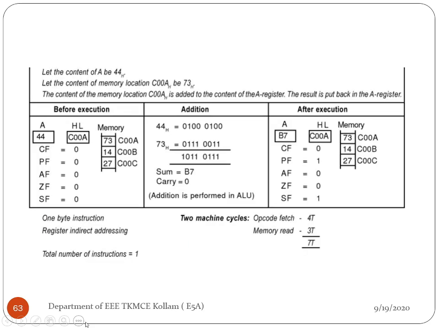Let's see one example. Let initially the content of the accumulator be 44H and the memory location C00A have the content 73H. So whenever the ADD M instruction is executed, the content of the memory location pointed by the HL pair, that is 73, is added with the 44 and the result is saved in the accumulator.